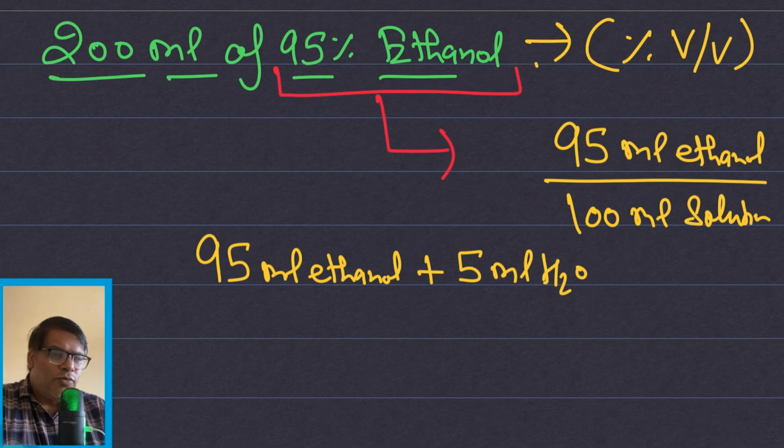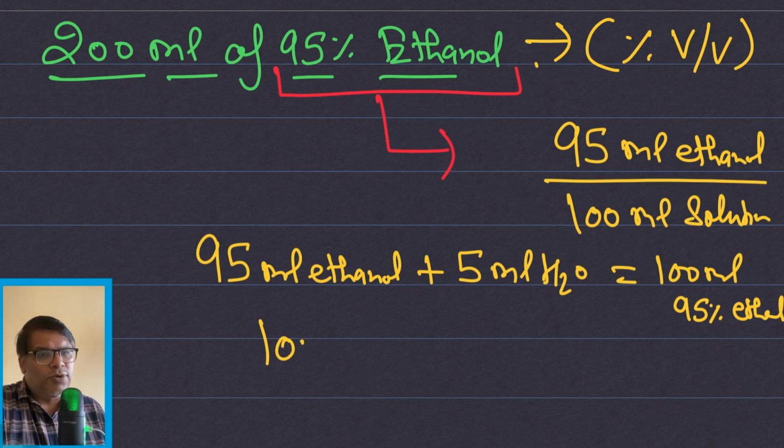To prepare this, what you need is 95 ml ethanol, and you will add 5 ml water if you want to prepare 100 ml. Okay, for 100 ml, you need 95 ml ethanol and 5 ml water, and this will make 100 ml of 95% ethanol.